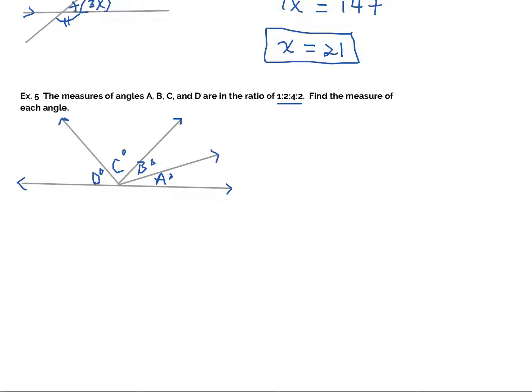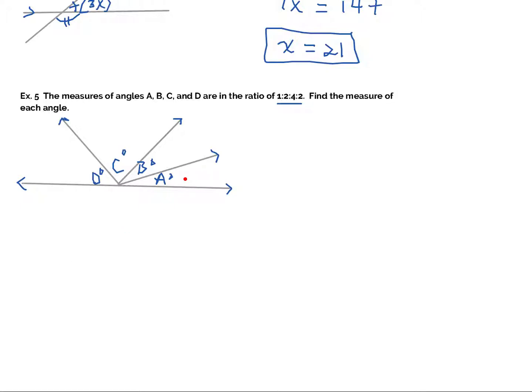So the way we're going to do this is it's basically saying that A is whatever that is, B is twice as big. And whatever A is, C is 4 times as big as A. And D is twice as big as A. So we're going to say A is going to be X. Let me just change my color here.